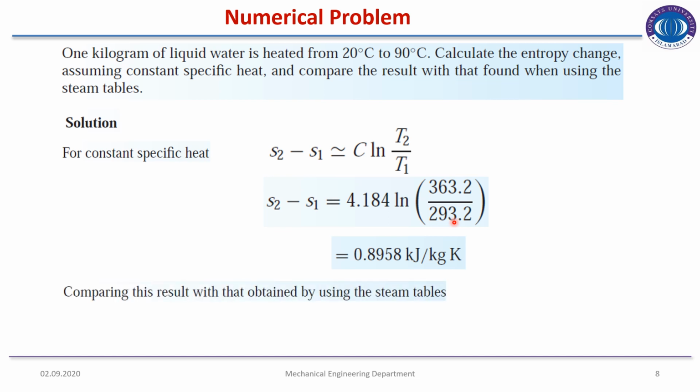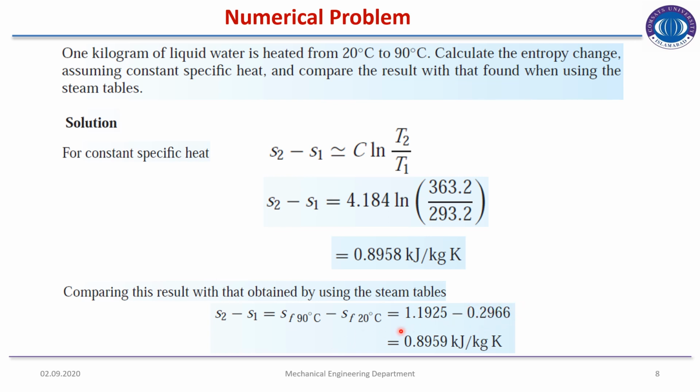Now we will compare the result obtained with the results found in the steam table. In the steam table, in the portion of liquid water or saturated liquid, we will find the values of entropy for 90 degrees centigrade and 20 degrees centigrade, that are 1.1925 and 0.02966 respectively.